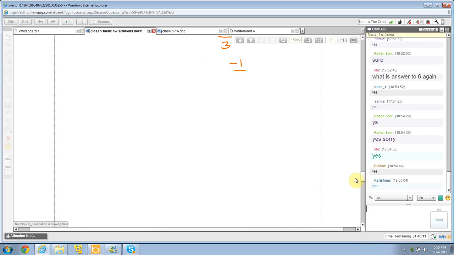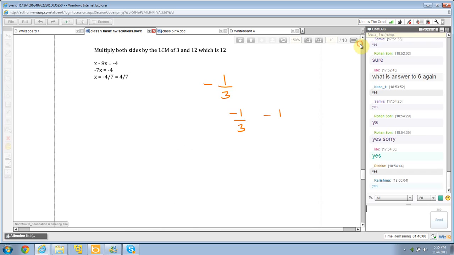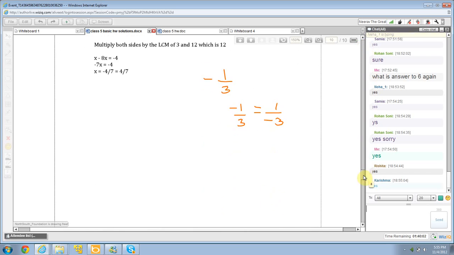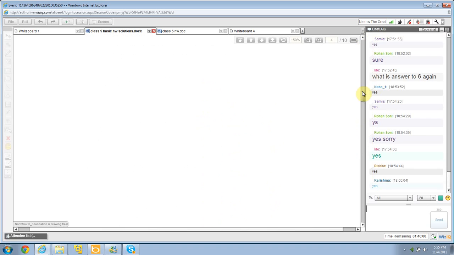I would try to write it either in the numerator or in the denominator, because it's just easier to keep track of. All these three are the same thing. When you're doing homework, sometimes the negative sign and the fraction bar can blend together and you lose the negative. Then in the next step it becomes a positive, which is not correct. So just a little tip there.